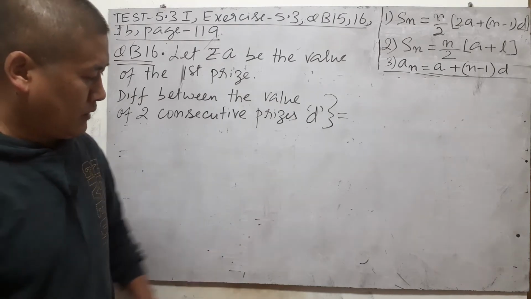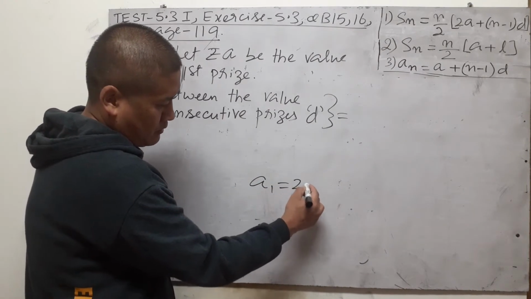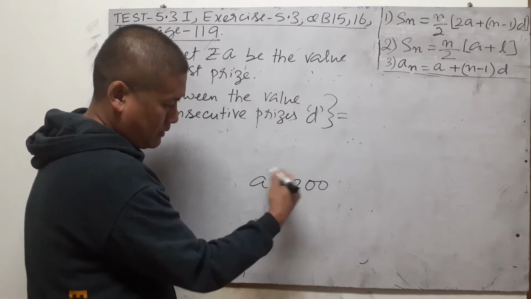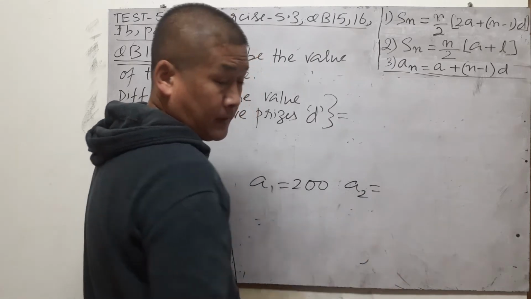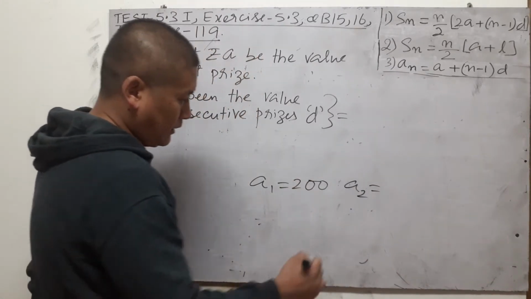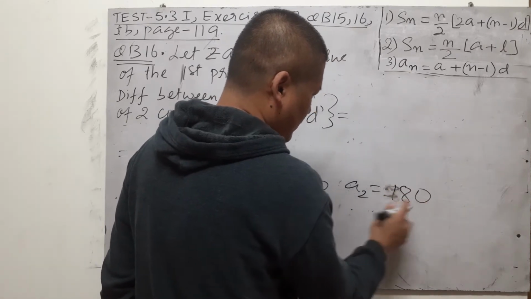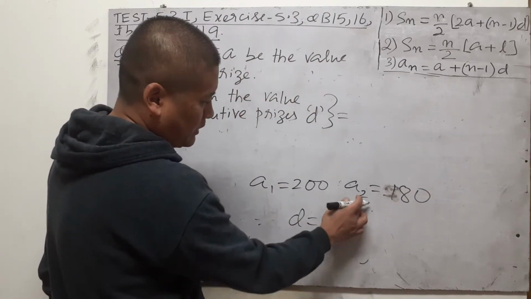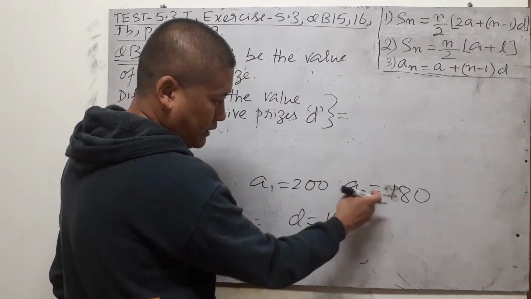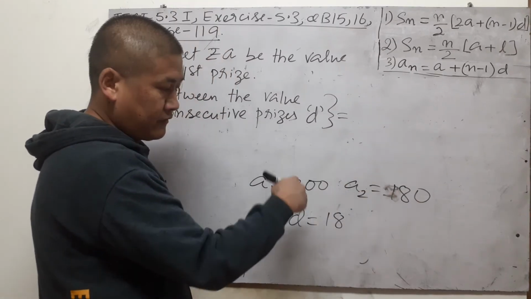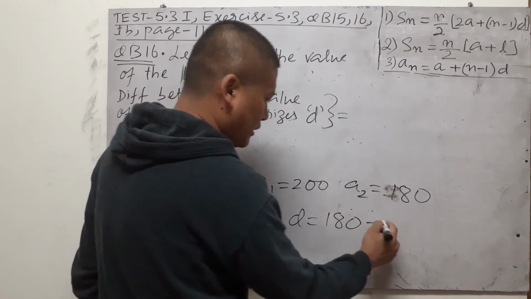So I'll just give you an example. If A1, the first prize, is 200, then the second prize, I'm just giving an example to explain this, A2, the second prize, will be 20 less, means 180. So the common difference will be here, because it is 20 less, the second prize should be lower than the first prize, right? So common difference is always A2 minus A1.